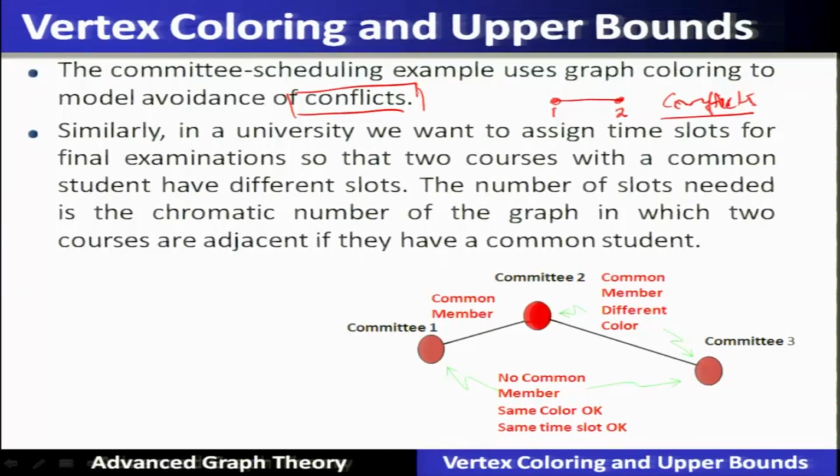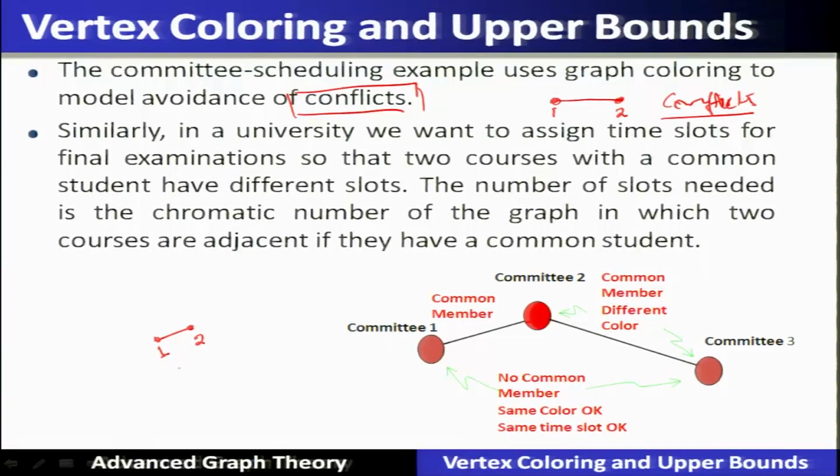Another such problem is finding the time slots for the examination. Here, two courses having common students cannot be scheduled in the same time slot. So the two courses having common students can again be represented with the help of a graph.